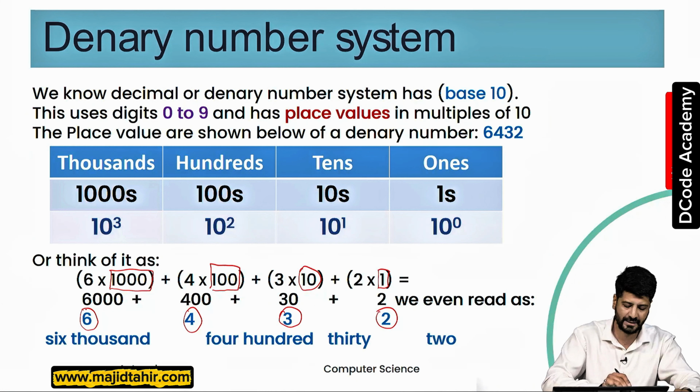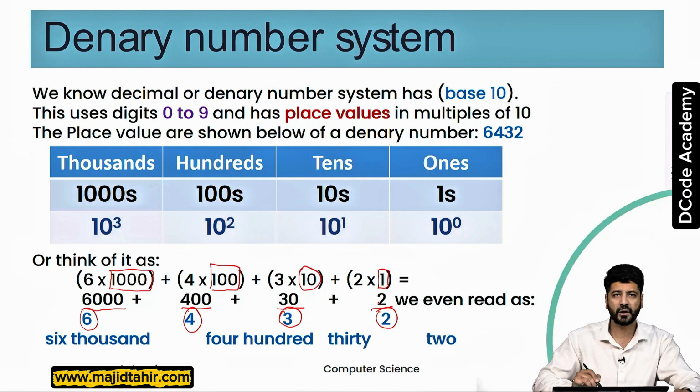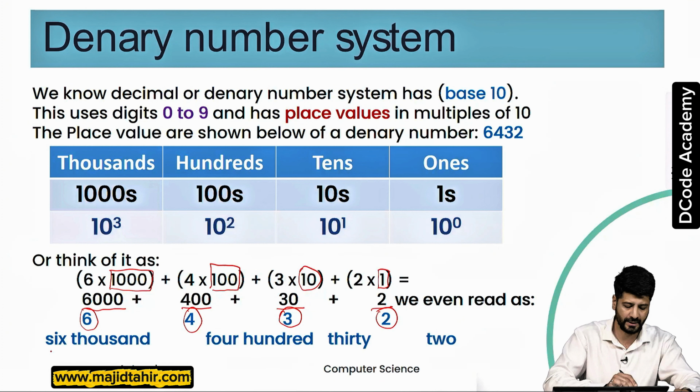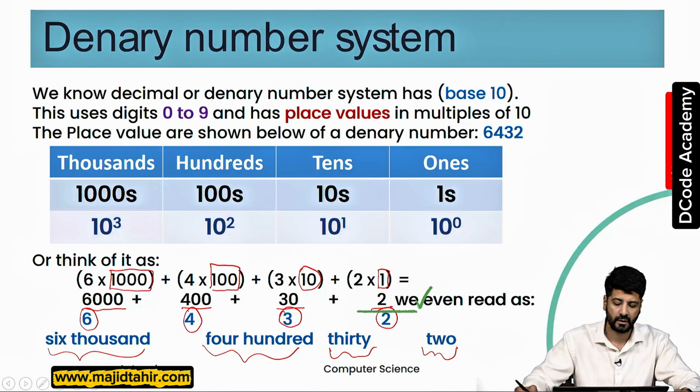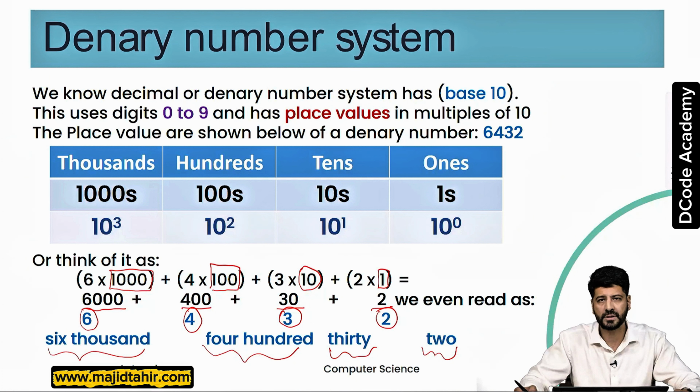So we have 6,432. We even read it as it is, 6,432. Now coming back to the binary number system, let's see what this binary number system is.